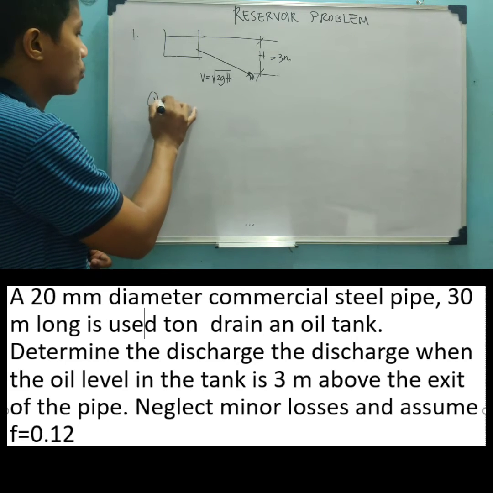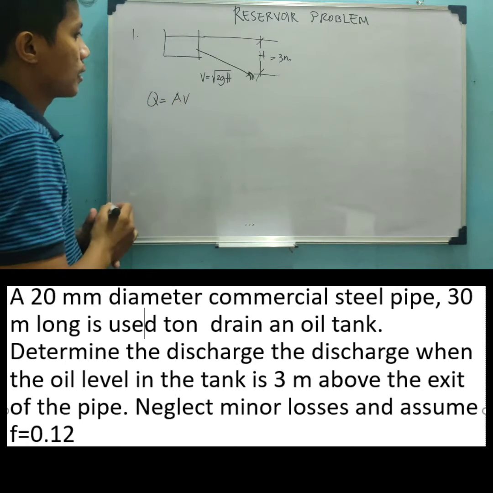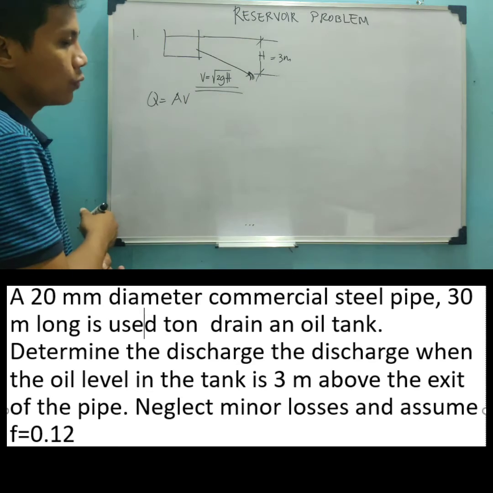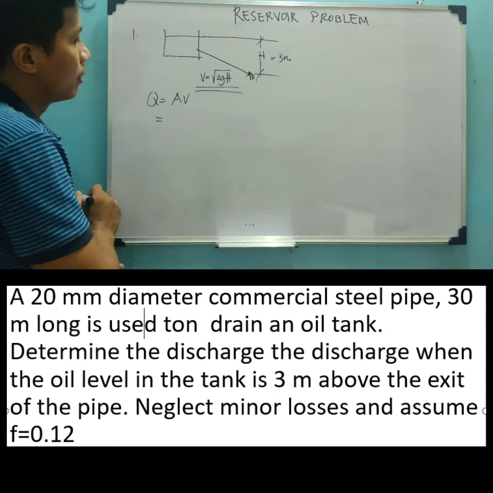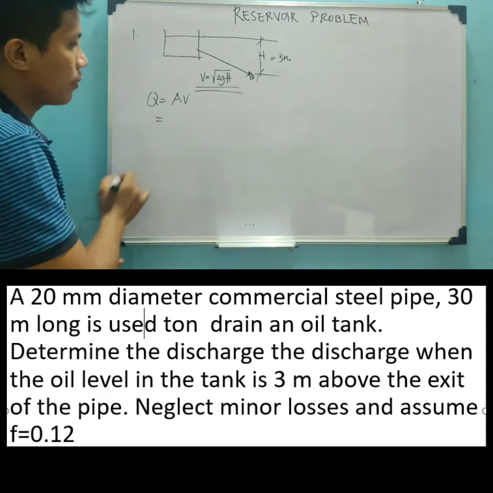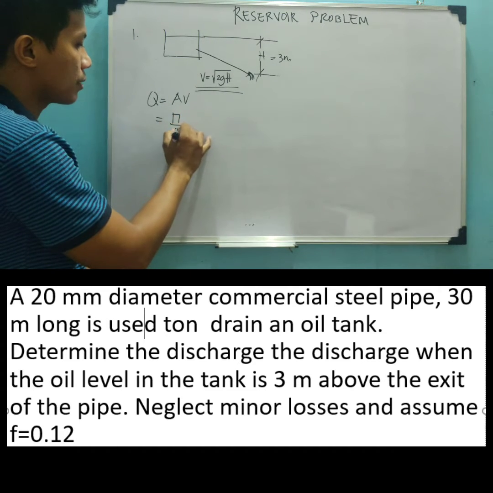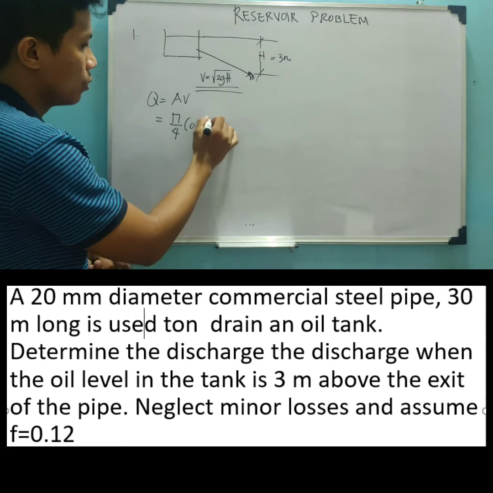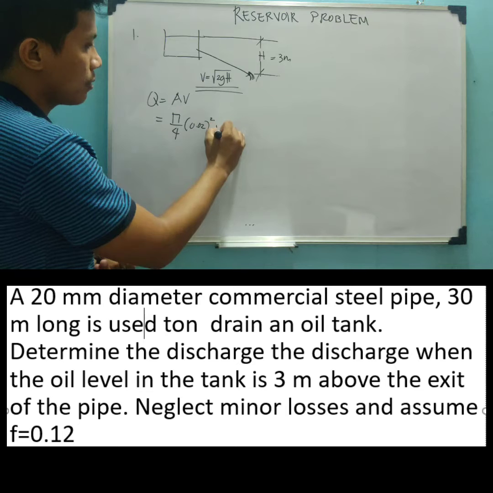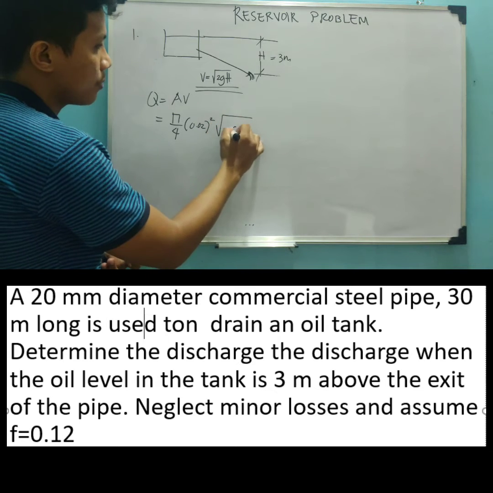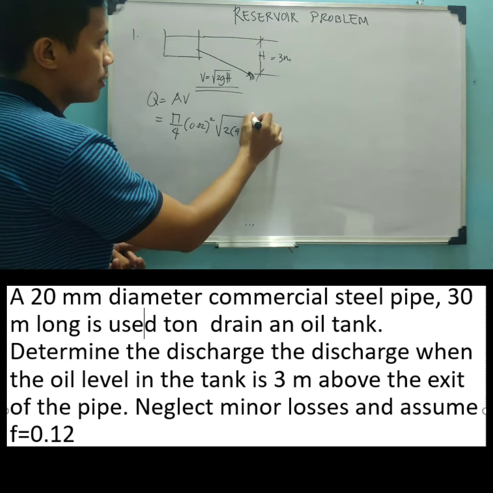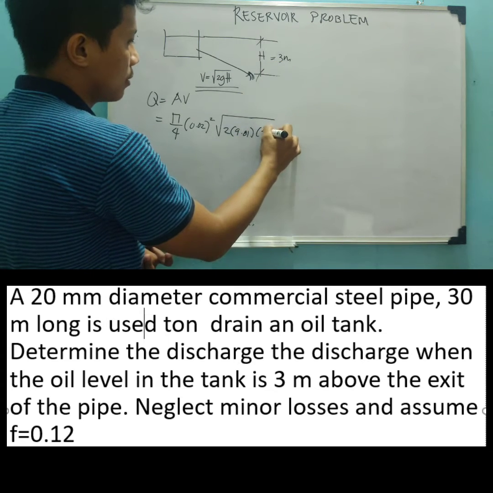So, Q is equal to area times velocity. The velocity is the square root of 2gH. The area, we have a 20 mm diameter, so pi over 4 times 0.02 squared, times the square root of 2 times the gravitational acceleration 9.81 times the height of 3 meters.